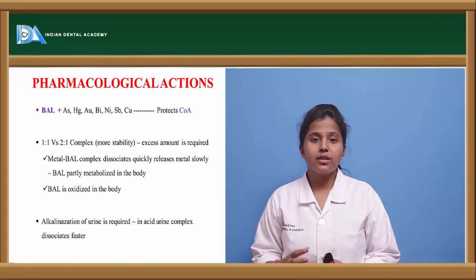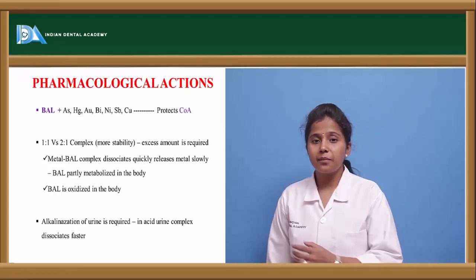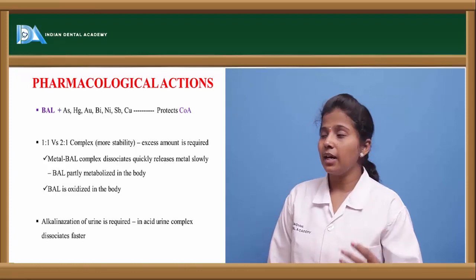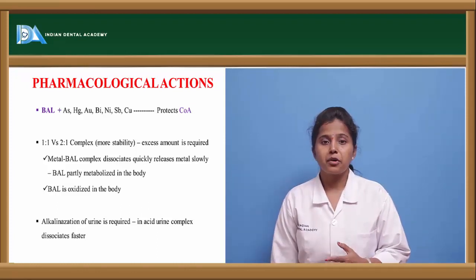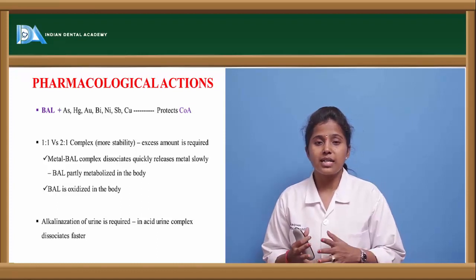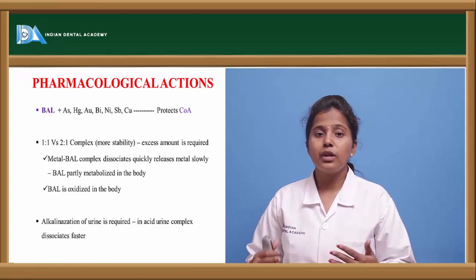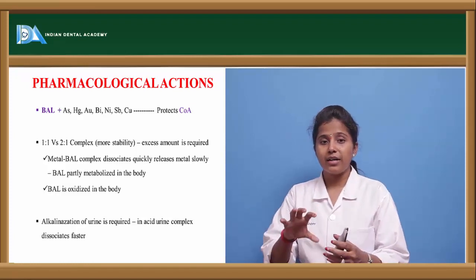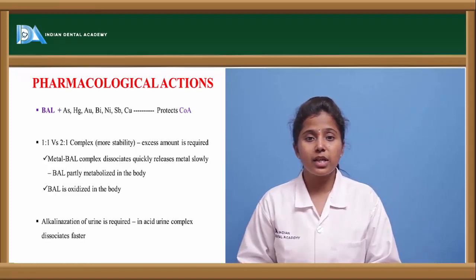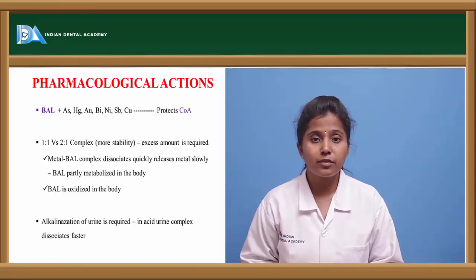Pharmacological actions. What are the pharmacological actions of this DIMERCAPROL? When DIMERCAPROL combines with heavy metals like arsenic, copper, mercury and other metal ions, it protects coenzyme A. Coenzyme A is a very important enzyme which is useful in various metabolic reactions. When heavy metal poisoning is caused, there are fluctuations in the metabolism of the body.